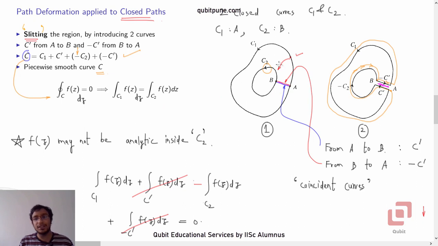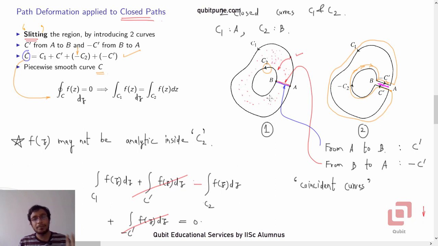So we can now say that if it is a closed curve, we can deform it into any other closed curve and still get the same value of the line integral along C1 or along C2, provided the function f of z is analytic on C1 and on C2 and everywhere in the interior of the region which is surrounded by C1 and C2.